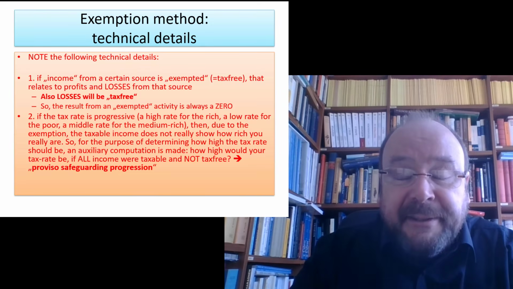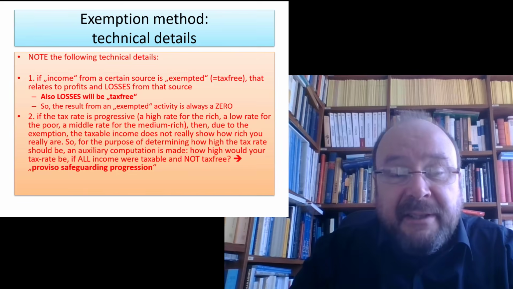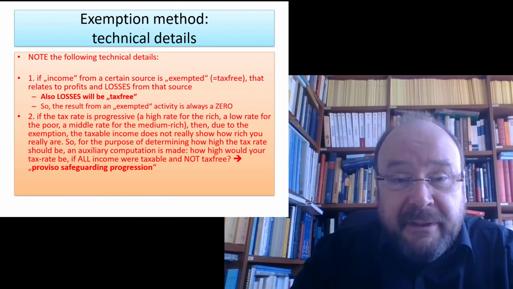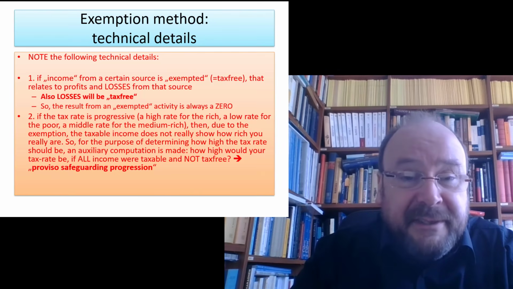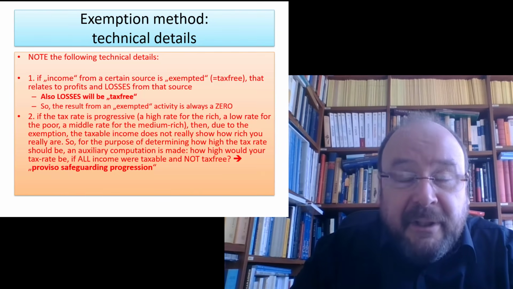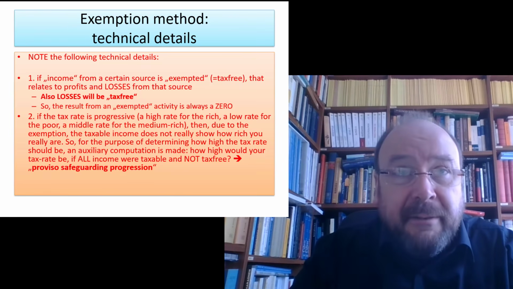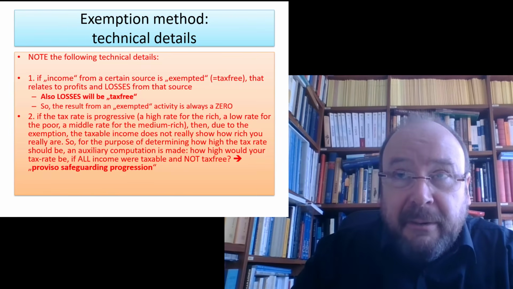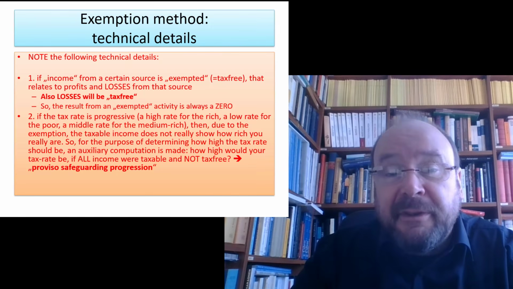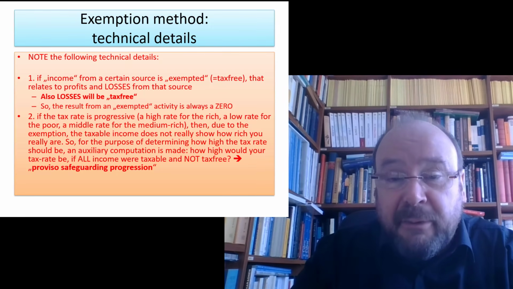Okay, so that is what you must definitively understand when it comes to the exemption method. First, technical peculiarity, also losses will be exempt. Second, if you have an income tax case, so when there is a progressive rate, the progression will usually be kept up by the auxiliary calculation, which is called the proviso safeguarding progression.